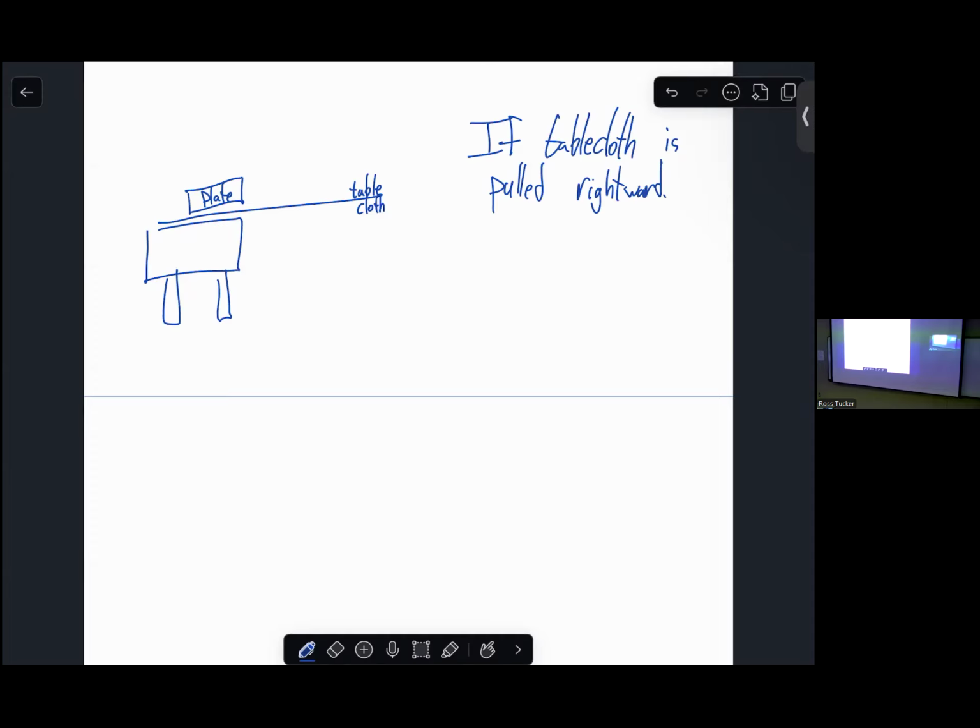Our goal is to find the direction of friction on the plate here. I want to challenge you to think about it this way. Which side of the tablecloth is the plate coming out from under? If I pull the tablecloth rightward, which side of the tablecloth does the plate come out from under?